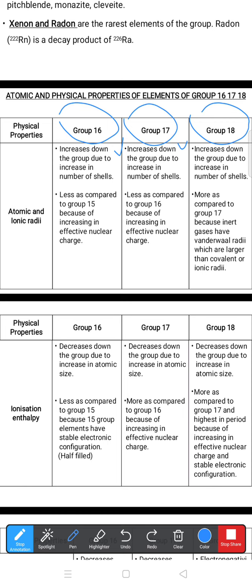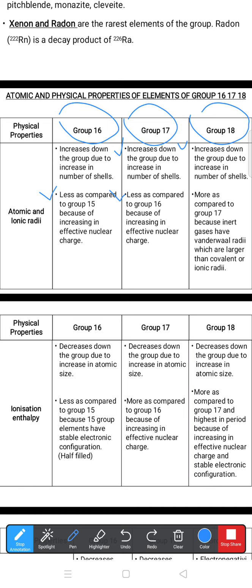Later on, in group 16, the radius is less as compared to group 15 because of the increasing effective nuclear charge. Effective nuclear charge means the concentration of the electrons toward the nucleus. In group 17, it is less as compared to group 16 because of the increase in effective nuclear charge.